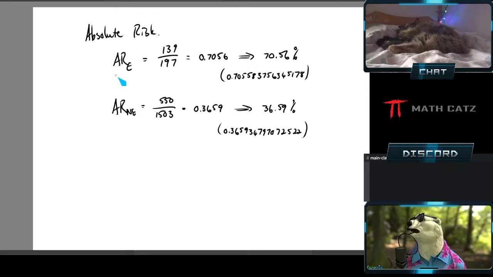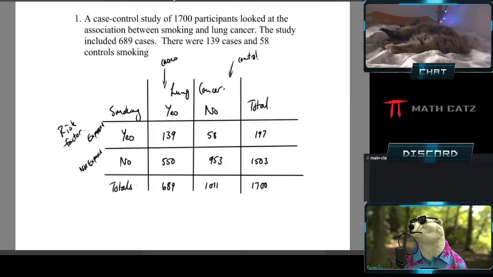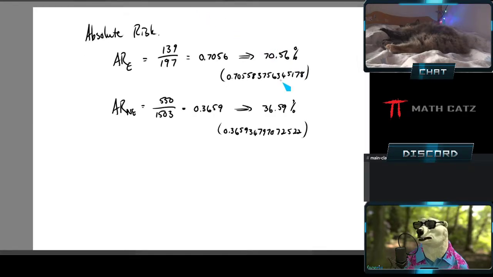If you smoke, then there's a 70% chance of getting lung cancer, according to this. Remember, this is an estimate of the true probability. It might be a little off, but we'll trust it. We have no choice. Take it as the probability.